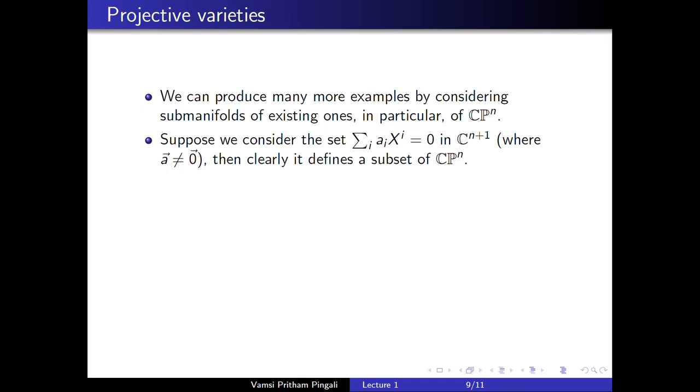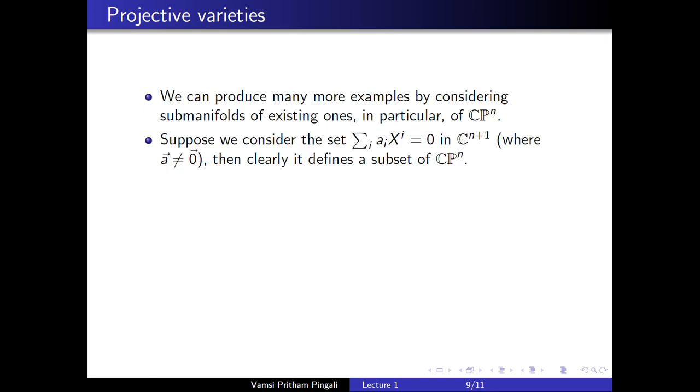Why? Suppose you take something in its equivalence class, namely you multiply all of these by lambda. That will also satisfy this equation, right? So if x belongs to this set, the entire line containing x will satisfy this equation, right? So as a set, it defines a well-defined subset of CPN.